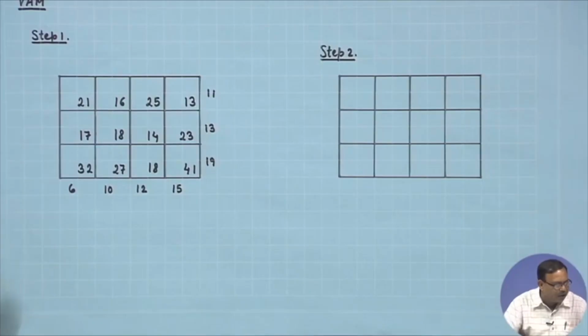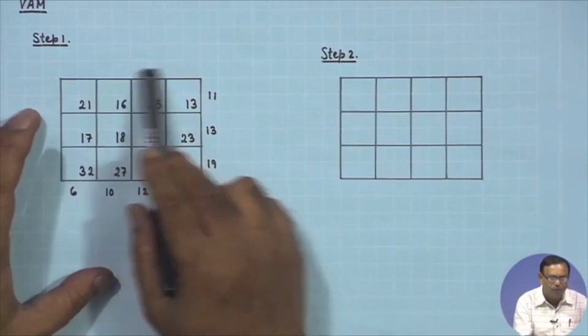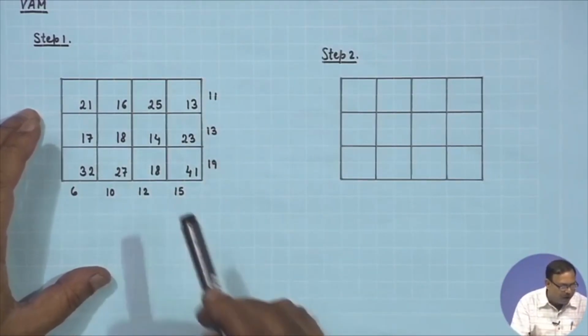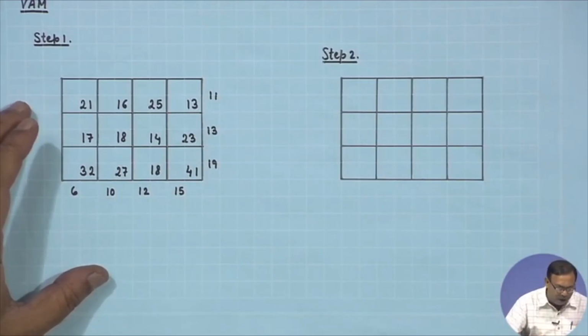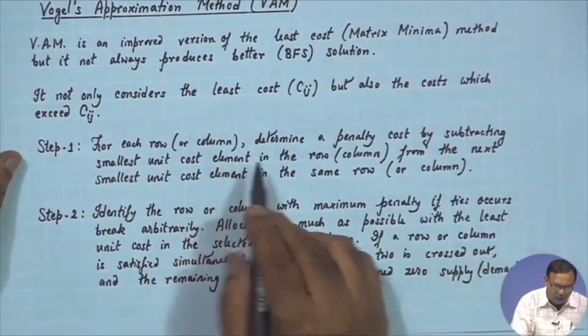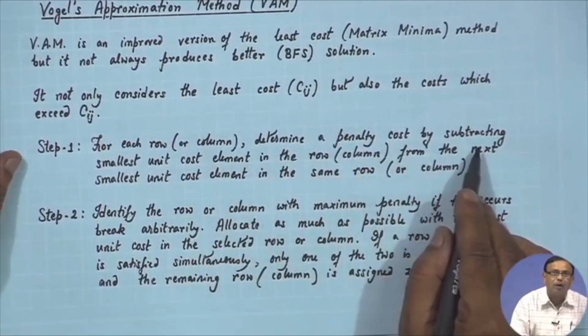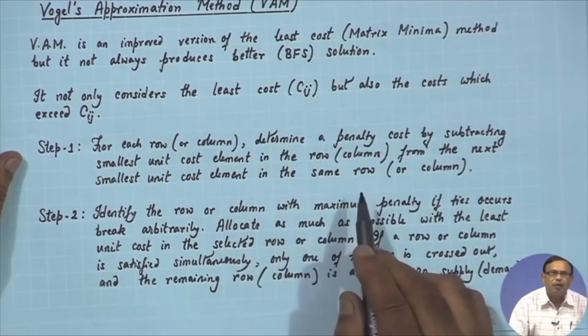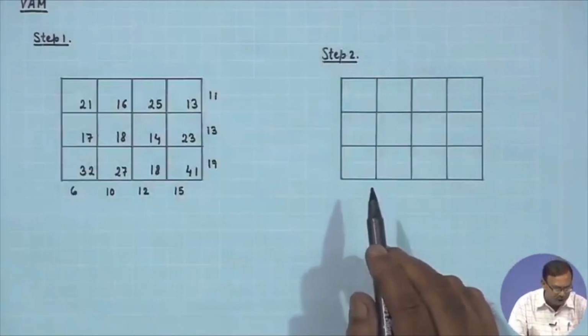For this case, at first you have this problem, you have the origins, the destinations, the A values and the B values. Your step 1 is this one: for each row and column, determine the penalty cost by subtracting the smallest unit cost element from the next smallest unit cost.